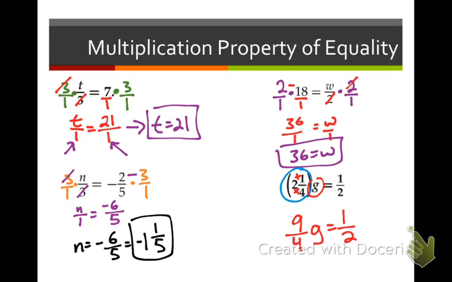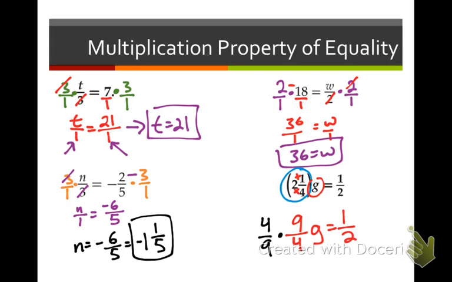Okay, now here, in order to get rid of the 9/4, you see that 9/4 is with the g. You always want to get rid of the number that's with the variable. So in order to get rid of it, we're going to multiply by the inverse, or the reciprocal. In this case, we're going to multiply by 4 over 9.